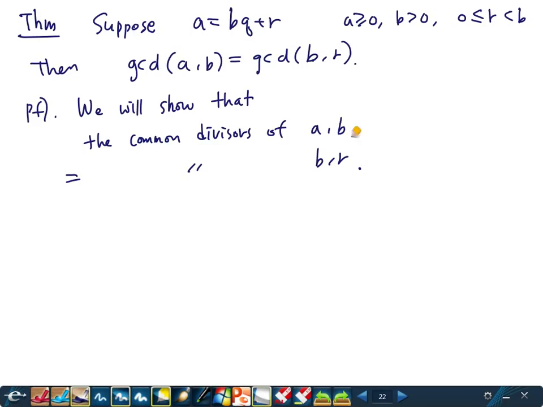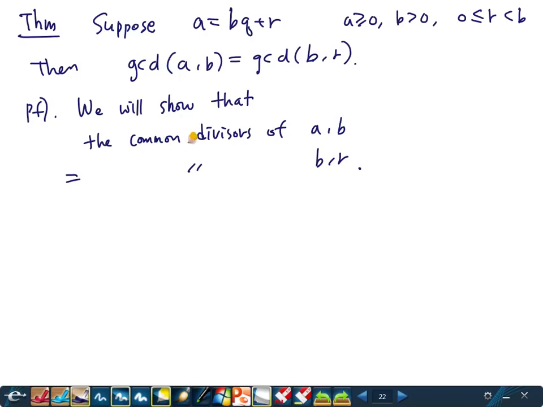Do you think this is enough to show? Suppose that this is true. We have the same set of common divisors. So what does this mean? The GCD is the largest among these, and the largest among those, and they are the same sets. So the largest must be the same as well. This is the idea. So we will show that common divisors are exactly the same.